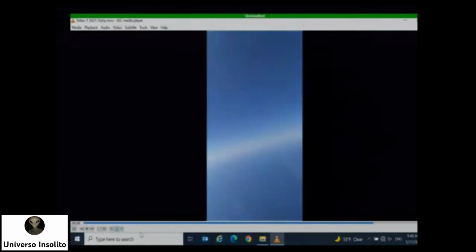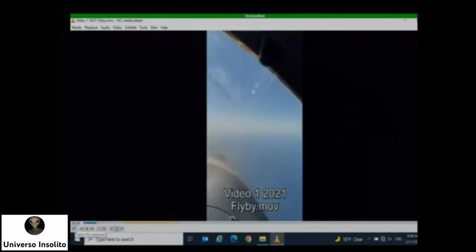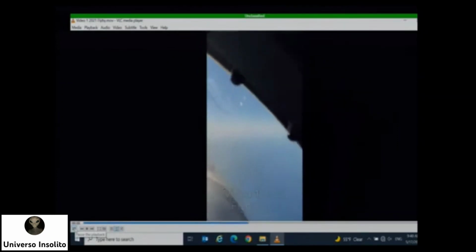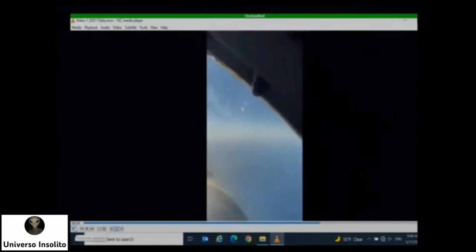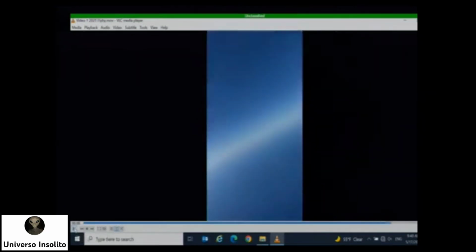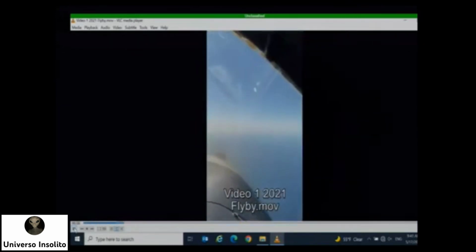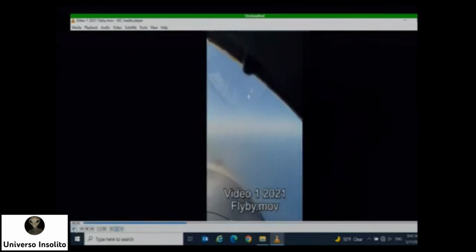Here's what you'll see coming up right here, there it went. Now back up just a spherical object right here. It zooms by the window right in this area right there. There we go. Could you see that part right there again going by?